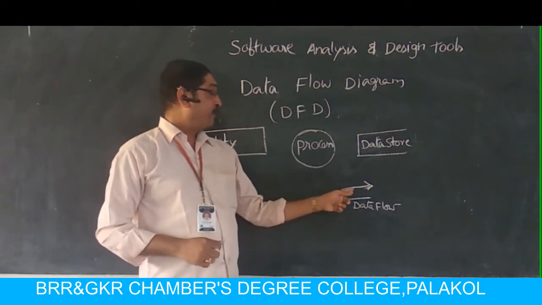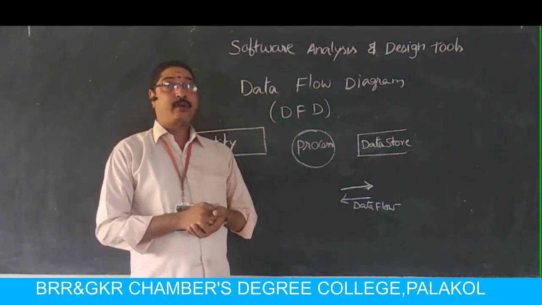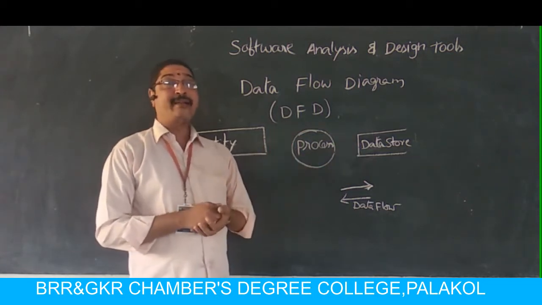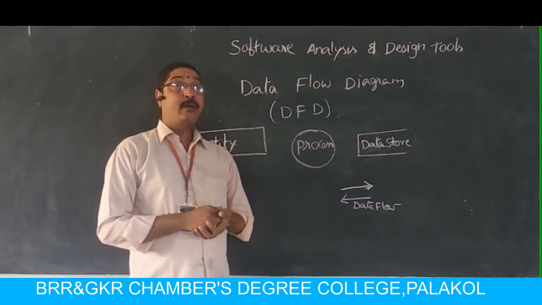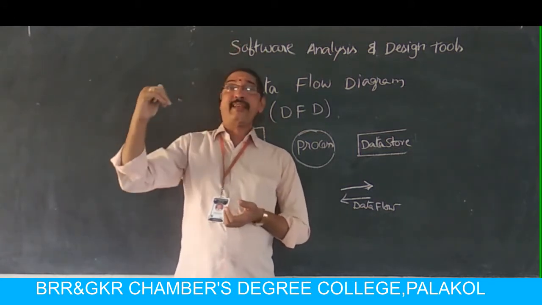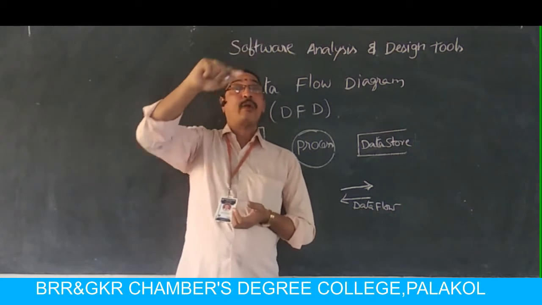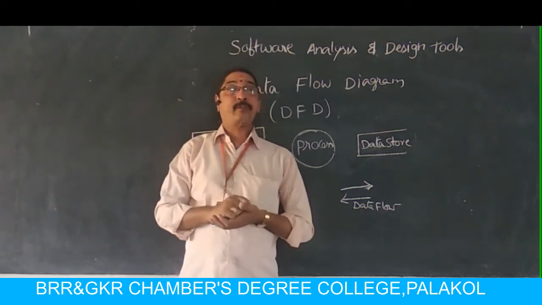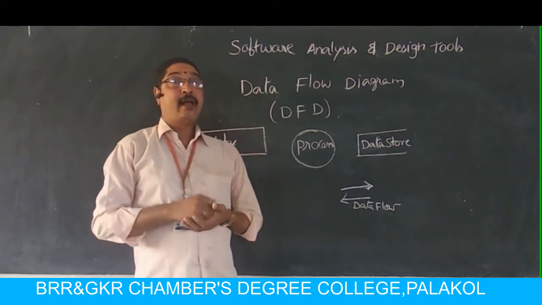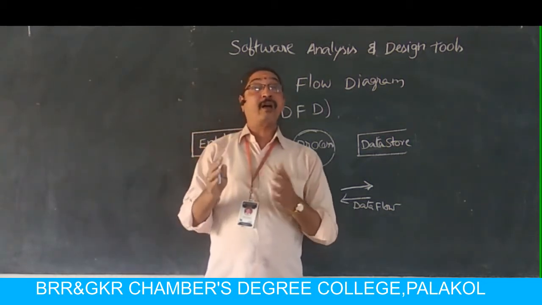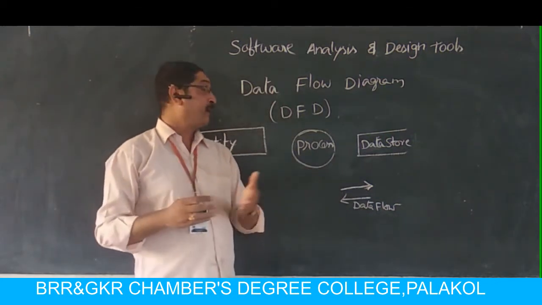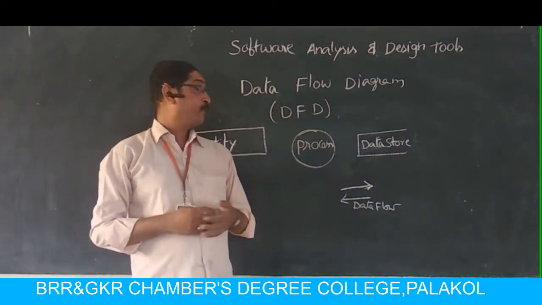And finally, these arrows are to connect these symbols in the data flow diagram. The movement of data from this area to this area, then you have to draw an arrow there. Like that, to connect these elements and to show the flow of data from where the data moves to where the data moves, it can be represented with the help of these arrows.